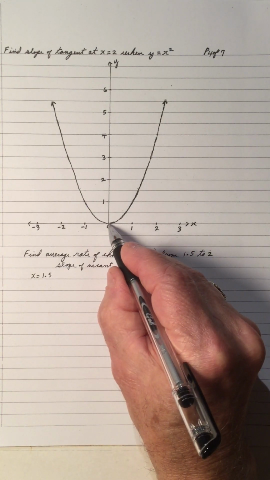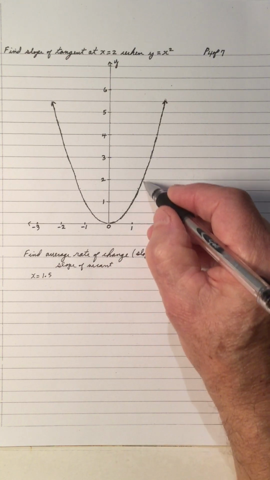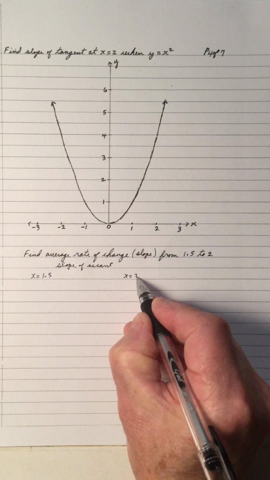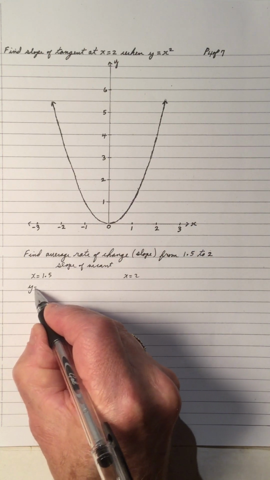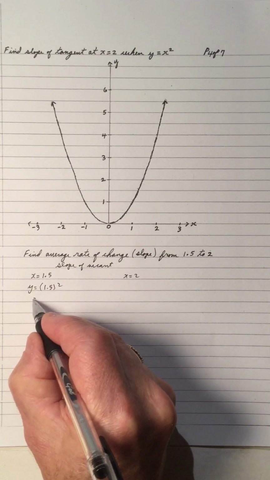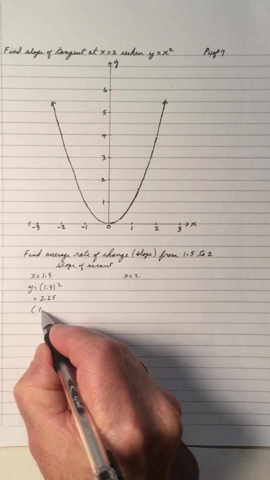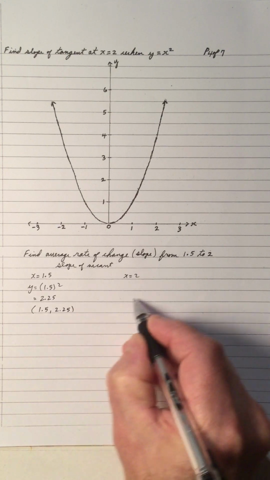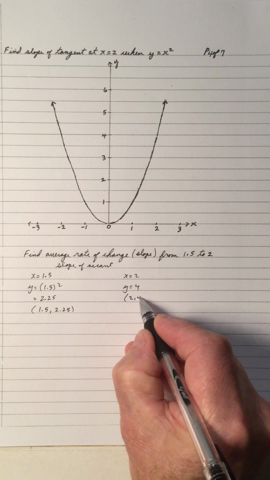Notice we did a 0, then a 1, now a 1.5, and then we're going to look at x equals 2. y equals 1.5 squared, and 1.5 squared is 2.25. So that's the point 1.5, 2.25. And x equals 2 gives me a 4. So that's the point 2, 4.